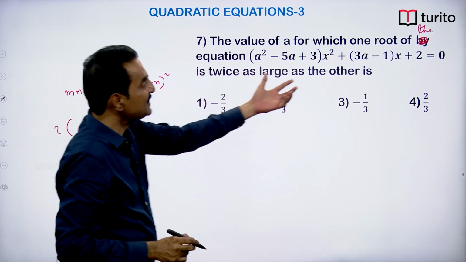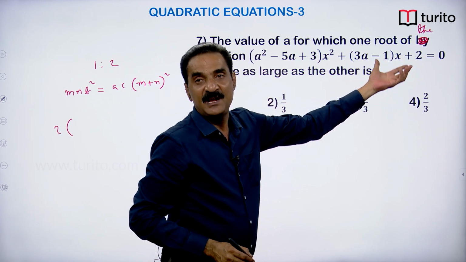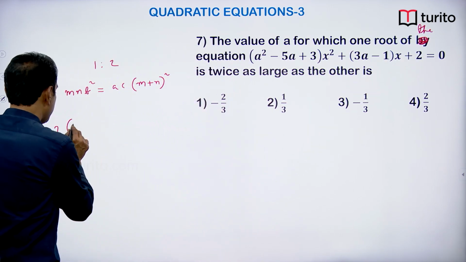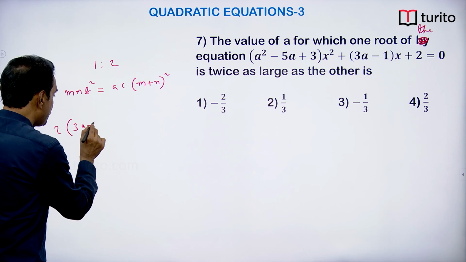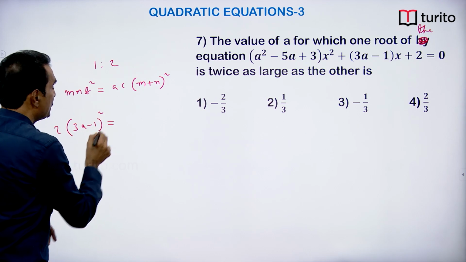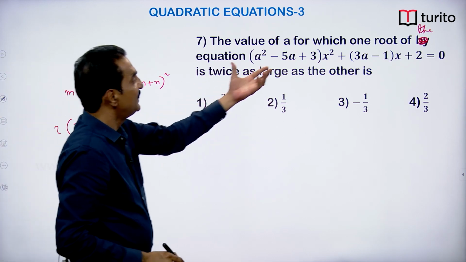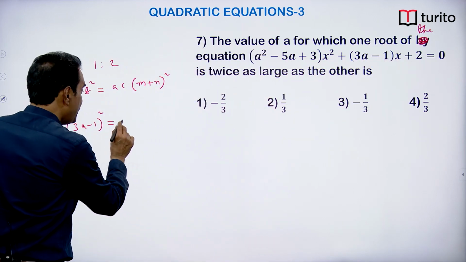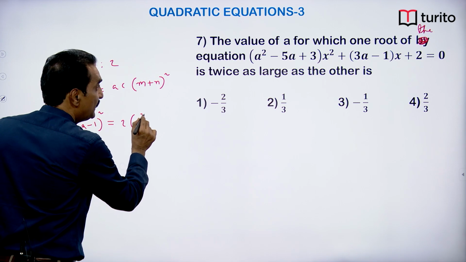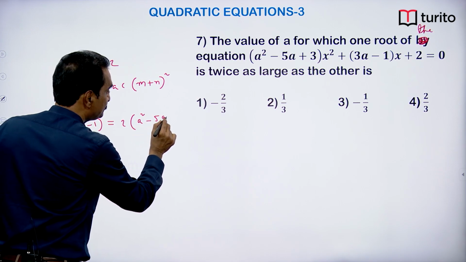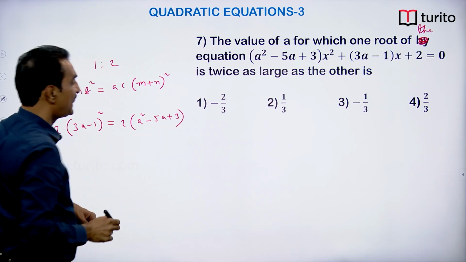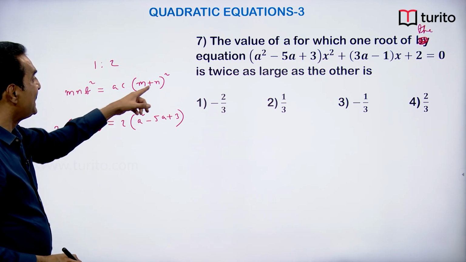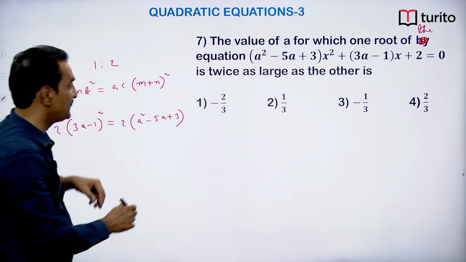B square means what is B? Coefficient of x, 3a minus 1 whole square is equal to AC, this into 2, 2 into a square minus 5a plus 3 into m plus n whole square is 1 plus 2 whole square 9.